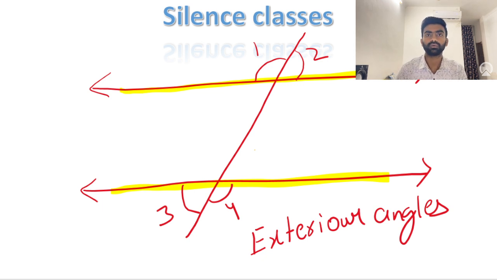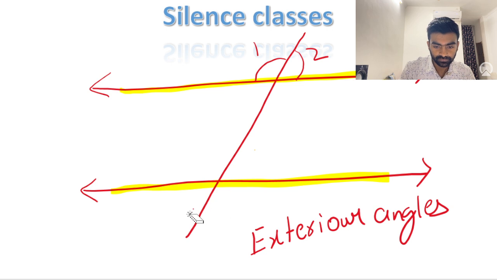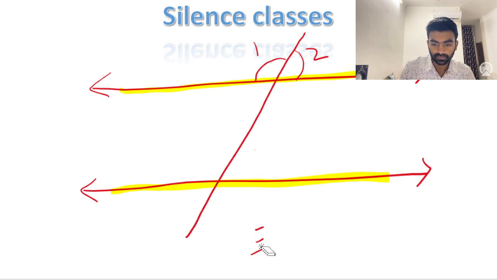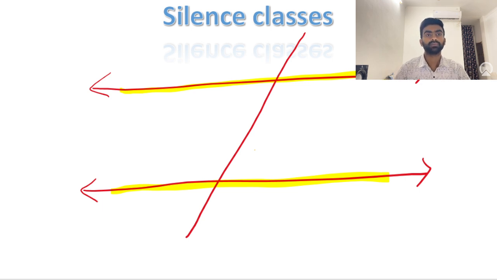Now we will talk about the fifth angle, which is known as corresponding angles. For corresponding angles, we take one exterior and one interior angle, on the same side of the transversal.